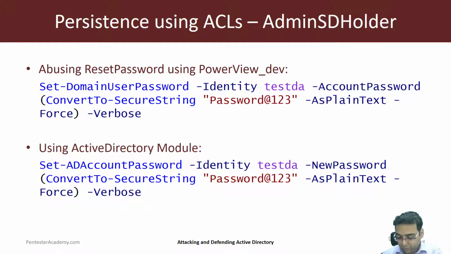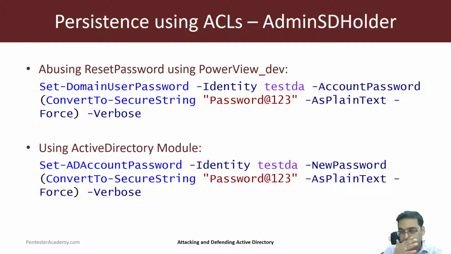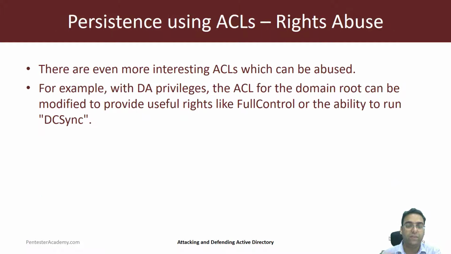Keep in mind that we are using domain admins as an example. You may always like to go not for domain admins, but for other interesting protected groups which we discussed, if you really want to add new members to a group. So this was about AdminSDHolder, but we are not done with persistence using ACLs.